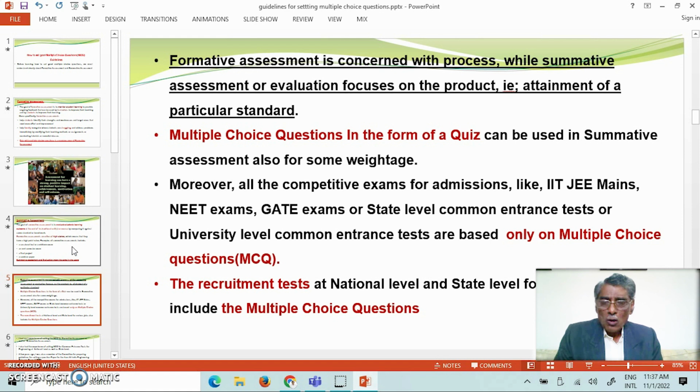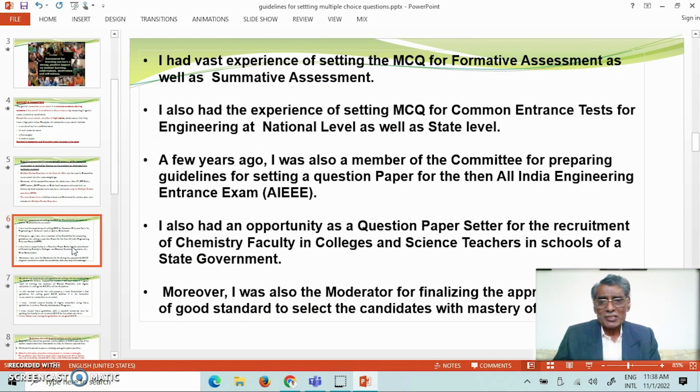Moreover, all the competitive examinations for admissions like IIT JEE Mains, NEET exams, GATE, or state level common entrance tests or university level common entrance tests are all based only on multiple choice questions. The recruitment tests at national level or state level for various jobs also include the multiple choice questions.